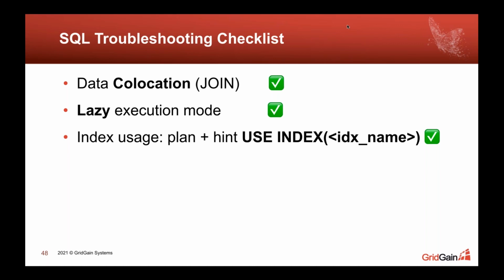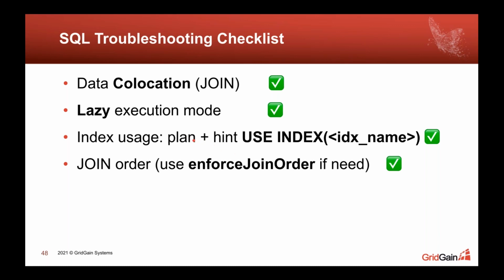And sometimes it's okay to not be shy and to say use index, because sometimes an engineer knows better than the engine. Join order is very crucial, for the same reason as the previous one.